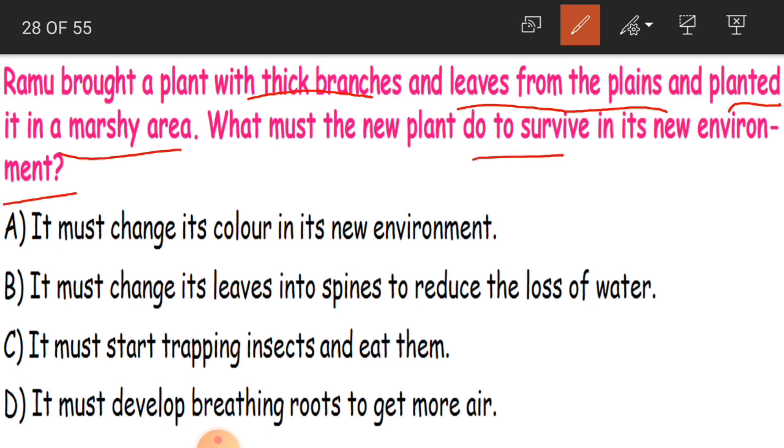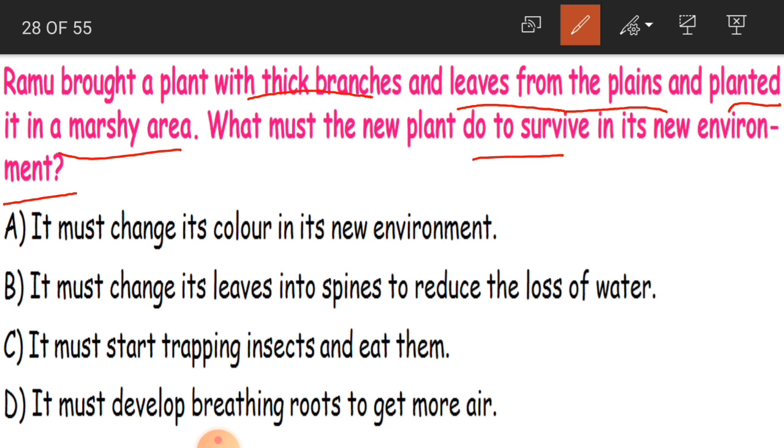The plant has been moved from a flat surface area like a plain which is dry, to the marshy area, that is a wet area. And now how must this plant survive? What must it do for its survival?